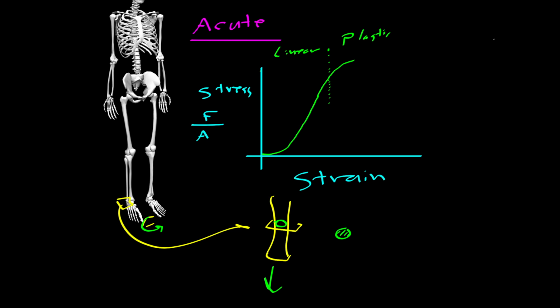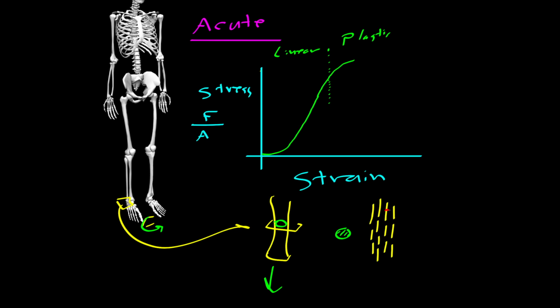And as I mentioned in the last video, if we could zoom in on the collagen fibers in this ligament, in this part of the stress strain curve, they would be just stretching out, not being damaged at all. But once we get into that plastic region, that's when things start to deform.